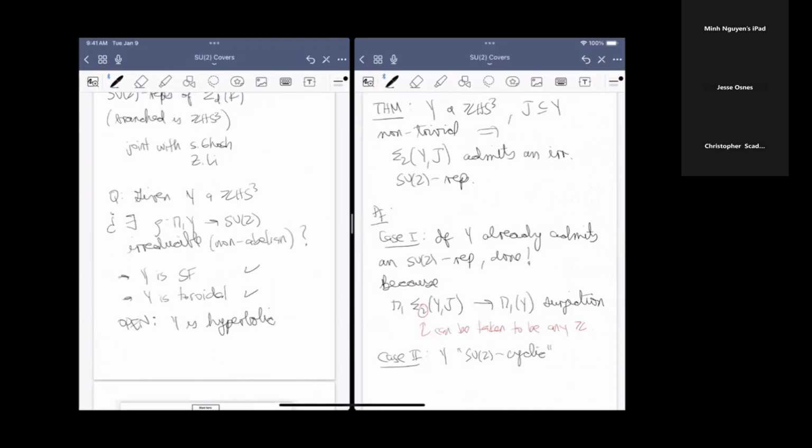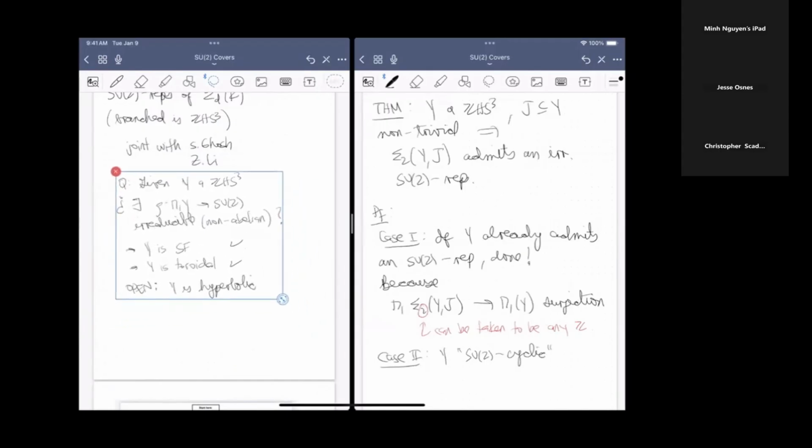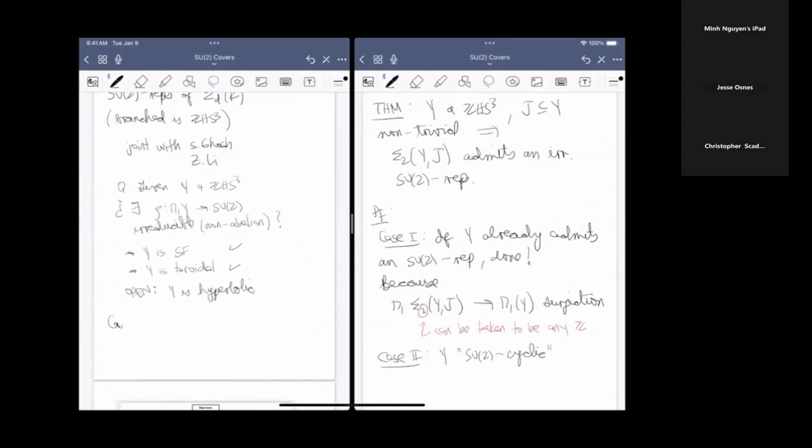the conjecture is that if I have an integer homology 3-sphere and it's not S3, then there is an SU2 representation that is irreducible, right?